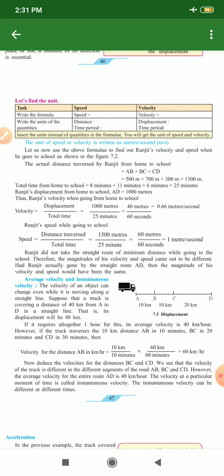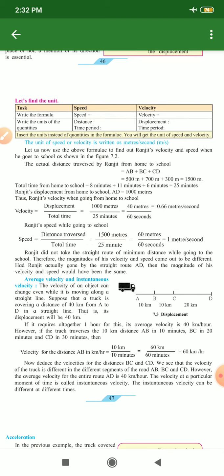Distance is in meters and time period in seconds. Displacement again is in meters and time in seconds. So I hope you have written these units. Insert the units instead of the quantities in the formulae and you will get the unit of speed and velocity. The unit of speed or velocity is written as meters per second.